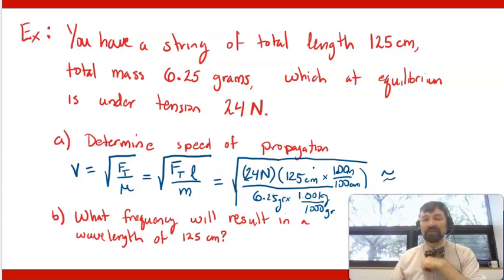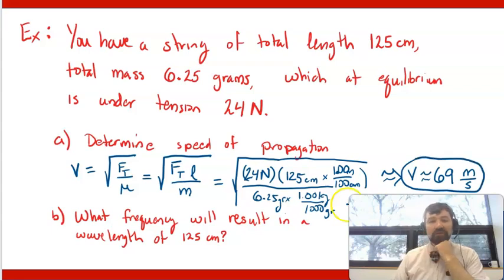So we could say that this is a speed of approximately, let's say, 69 meters per second using two significant figures. And then for the second part, what frequency results in this wavelength? So again, v is lambda f, and that means that f is v over lambda.